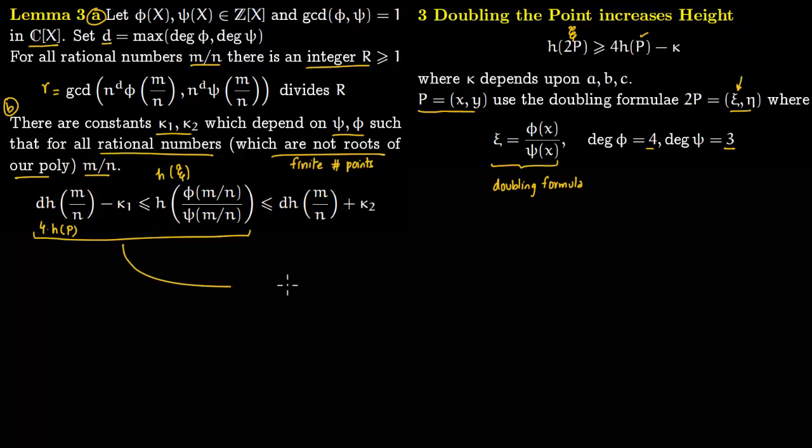The first inequality proves this result right here, and the second inequality we will just show, because once we have done the hard work, this is also easy to show.